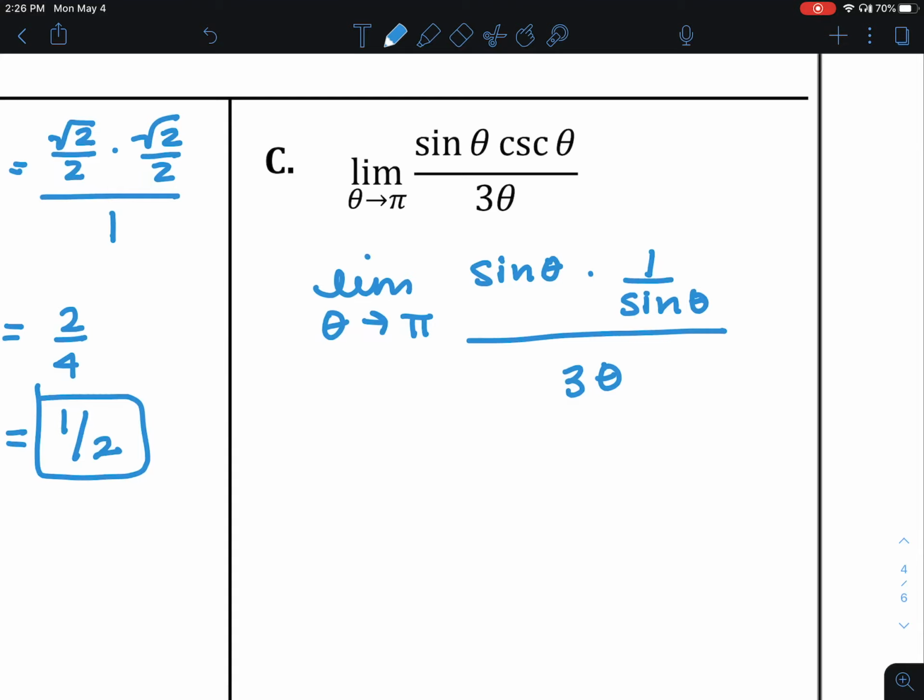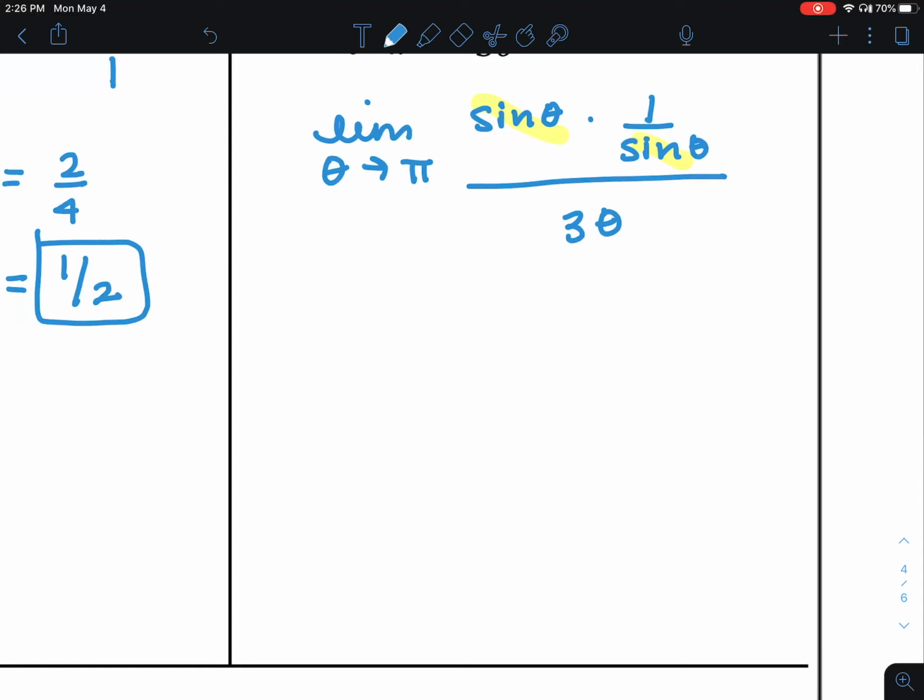And if I had put in cosecant here, what I would have gotten was undefined, because you can't have 0 in the bottom, right? But now, because I'm using my Pythagorean identities, these two are going to cancel, and what we would get is the limit as theta approaches pi of 1 over 3 theta, which in this case would be 1 over 3 pi.